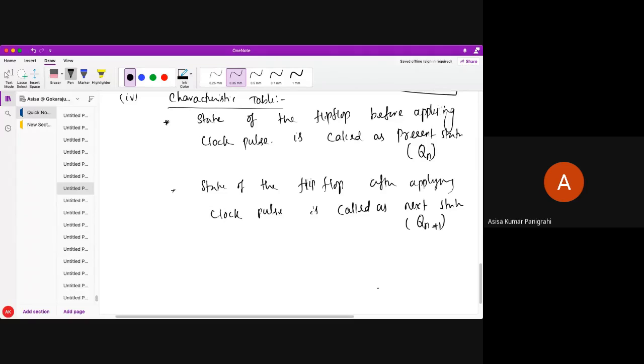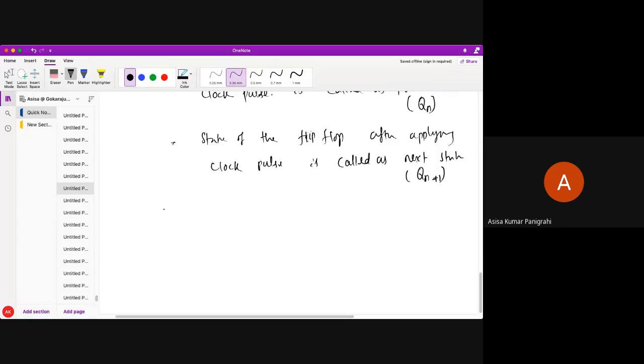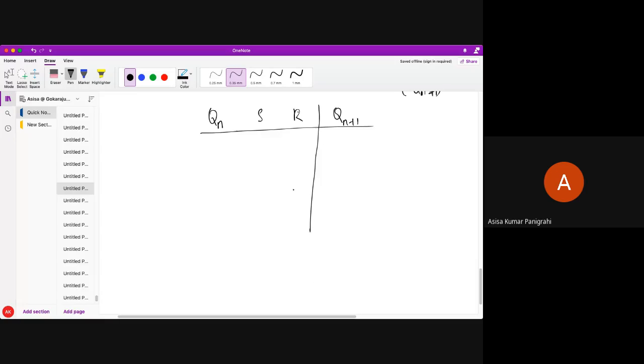If I apply the clock pulse, the flip-flop state will move to the next state. So the characteristic table decides how the state transitions from Qn to Qn plus 1 in the presence of flip-flop inputs. Are you understanding, students? That tells the character of any flip-flop.